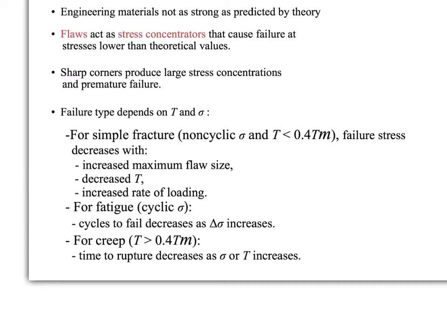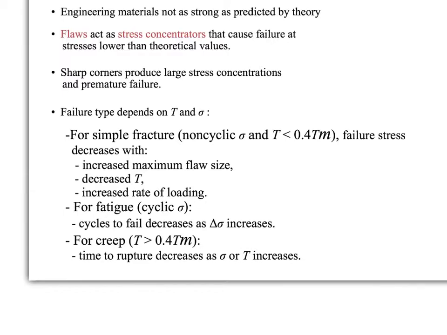So the larger the void, basically, the failure stress will decrease. It'll be a weaker material. Also, if we increase the rate of loading in the simple fracture, then we are going to see a lower failure stress or a weaker material, or a combination of the two.